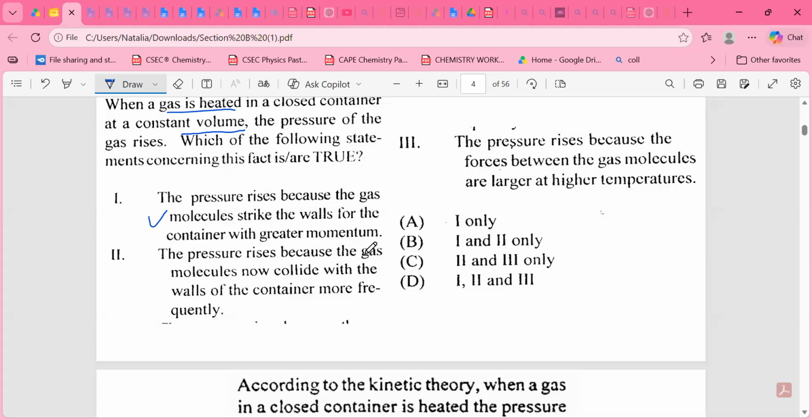Pressure rises because the gas molecules now collide with the walls of the container more frequently. Pressure rises because the force between the gas molecules is larger at high temperature. Not between them. So the answer is 1 and 2.